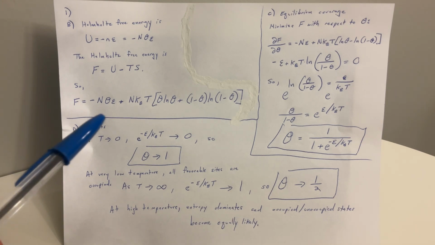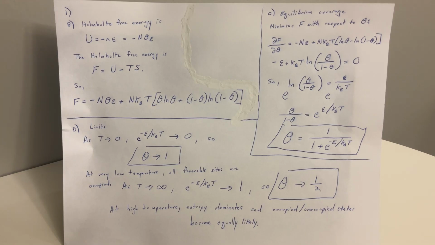So we're going to get F equals negative N theta epsilon plus N k_B T times the quantity theta ln theta plus 1 minus theta ln of the quantity 1 minus theta.